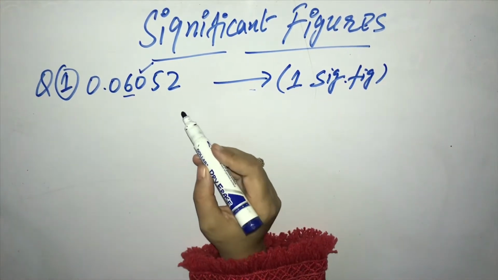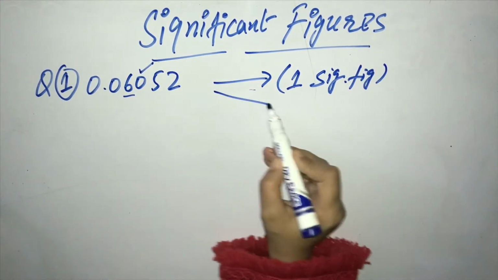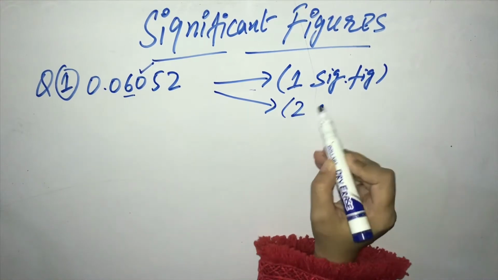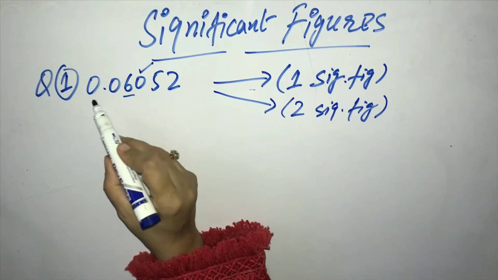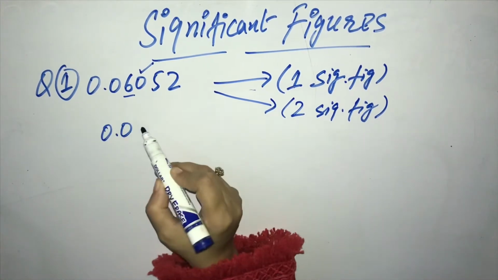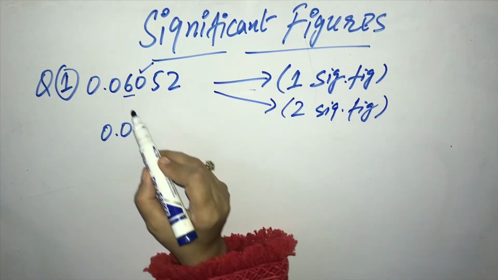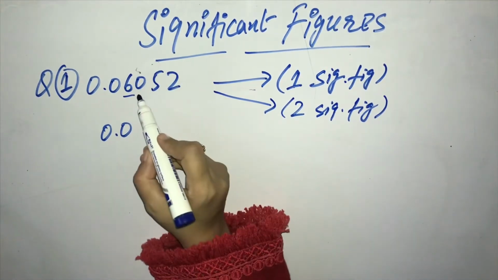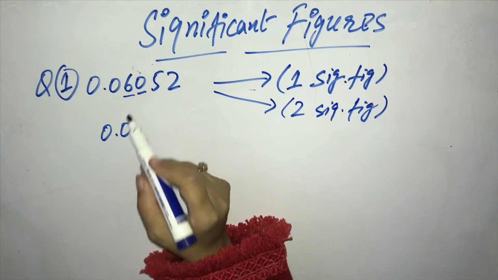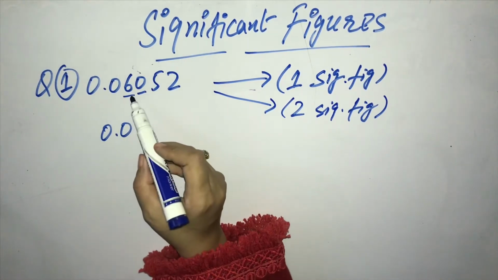If I have to convert this number correct to two significant figures, these zeros will be taken as they are. I shall select two numbers. My first significant figure is the first non-zero number.